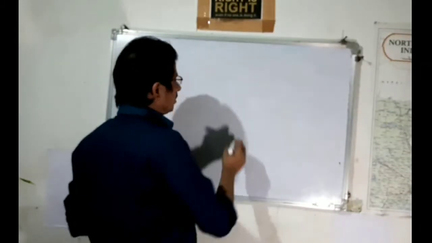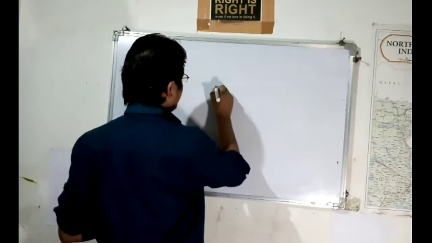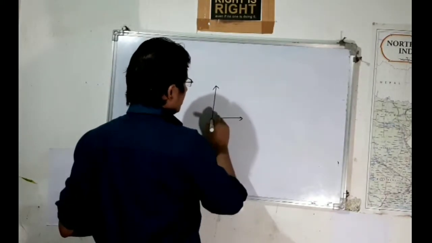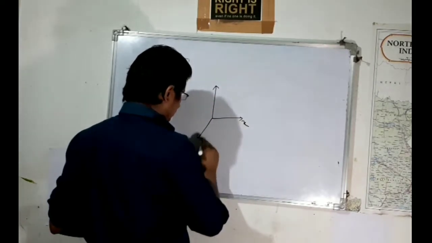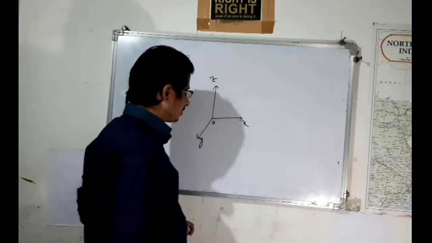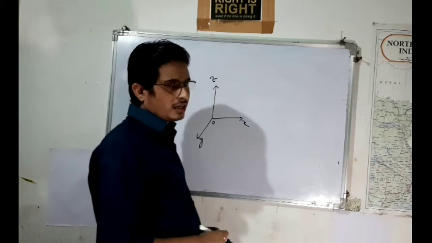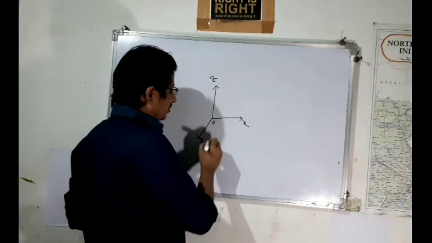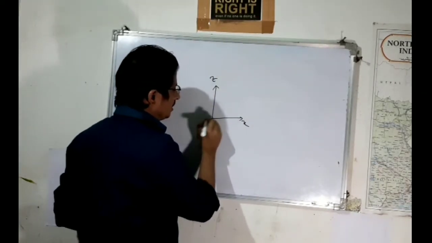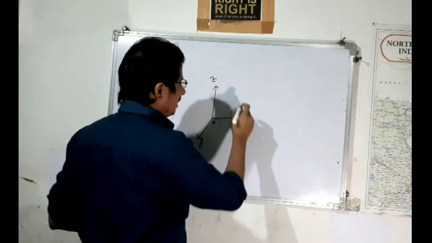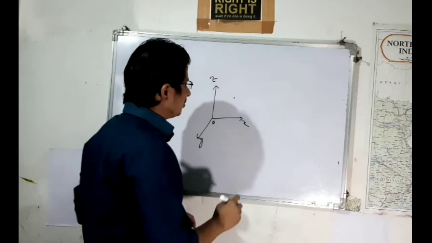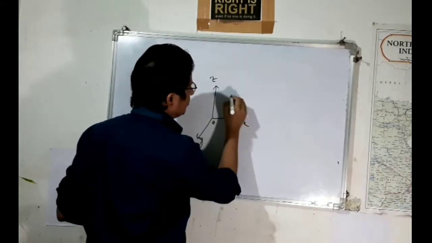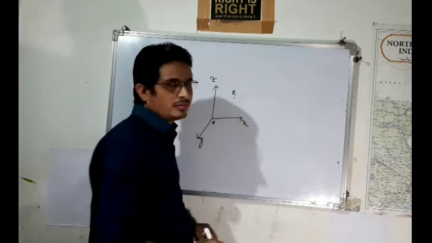Suppose we have considered a reference frame. Reference frame means a three-dimensional Cartesian coordinate system where, suppose this is a classroom, O is the origin, a corner of the classroom, and this is a dust particle present at location 1, suppose P1.